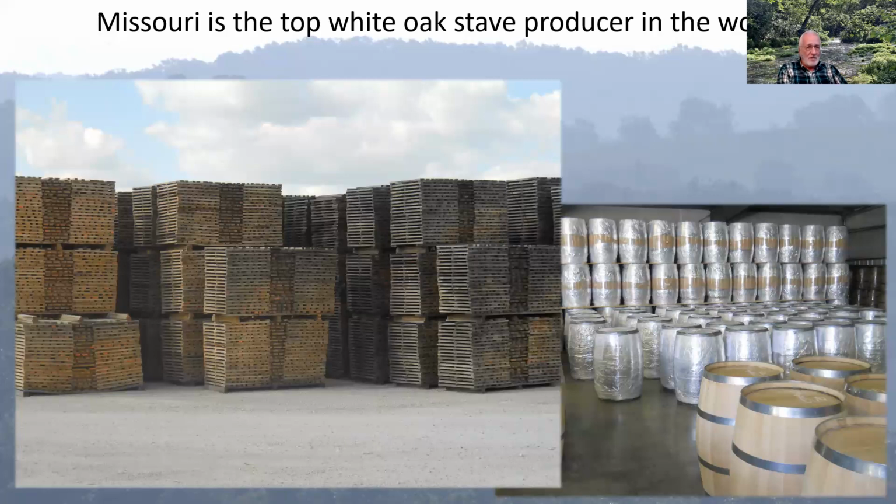And that's just one of the largest producers. There are several others out there. So you can see it really is a drive. And when we look at white oak in particular, from forest all the way to the finished barrel, this is truly a value added forest product for the Show Me State.